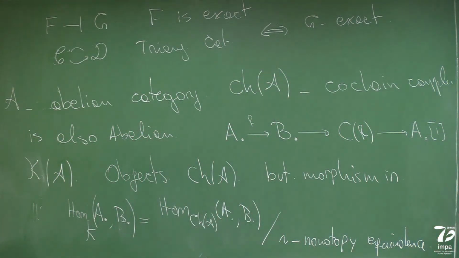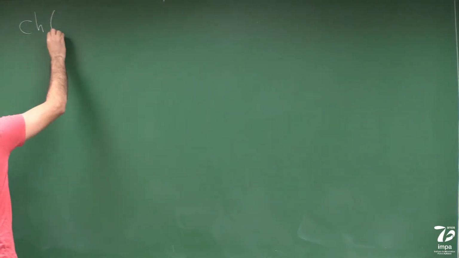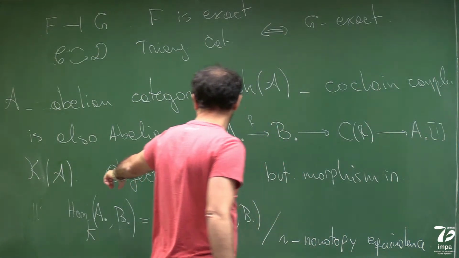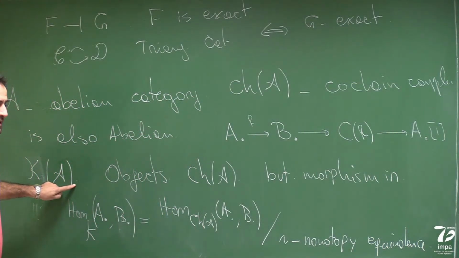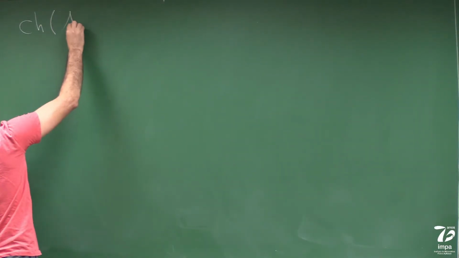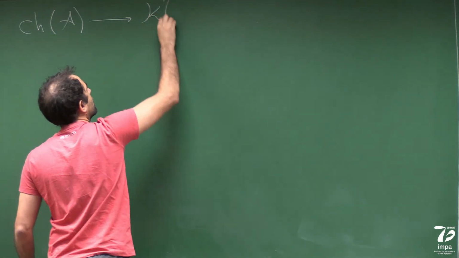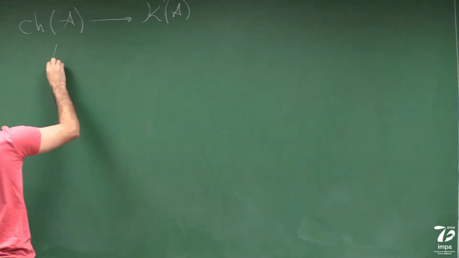Okay, so that made things slightly nicer. The first observation is that this is an additive category. We checked this, that we could add maps modulo homotopy. So we have a functor from cochain complexes on an abelian category to this homotopy category. It's a well-defined functor.